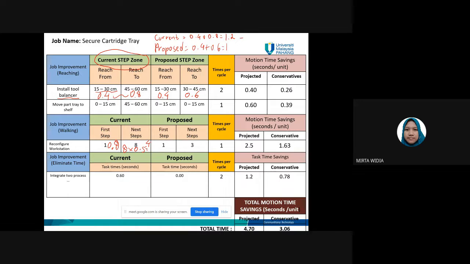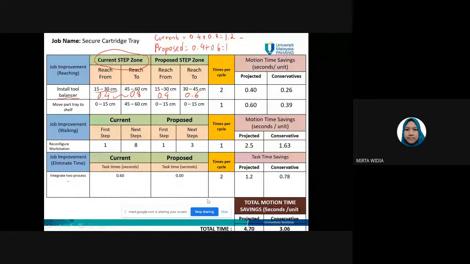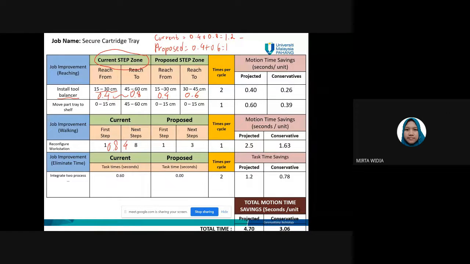So the current total is 0.8 plus 4, which equals 4.8.